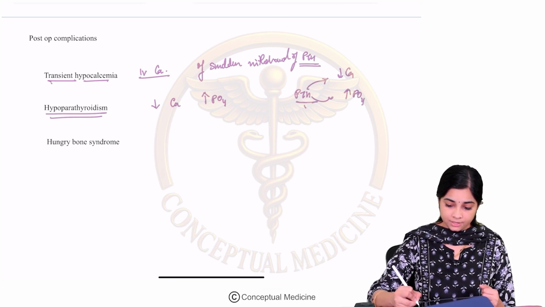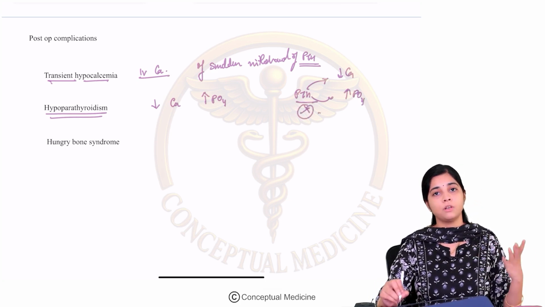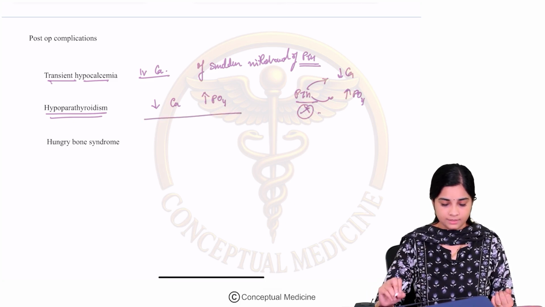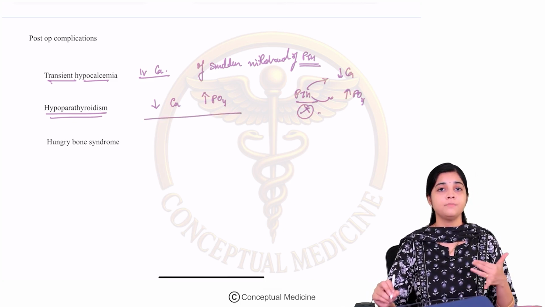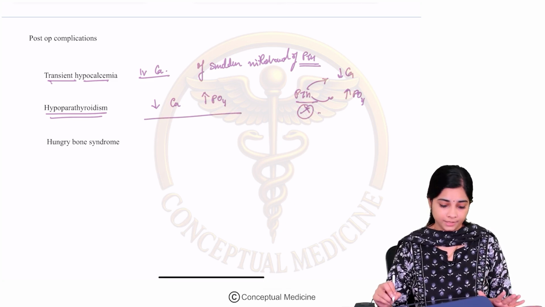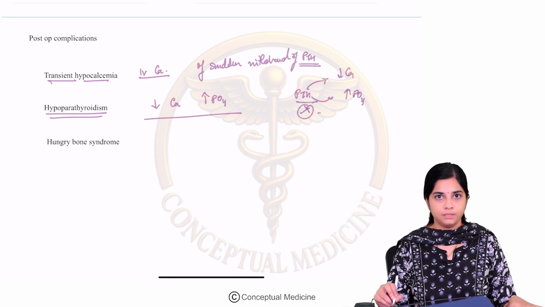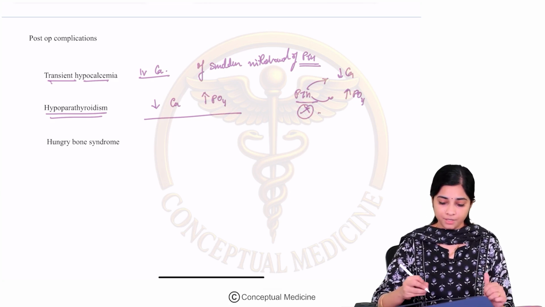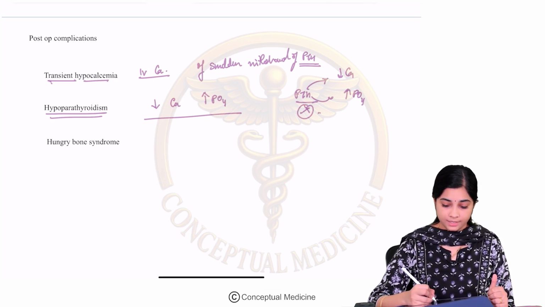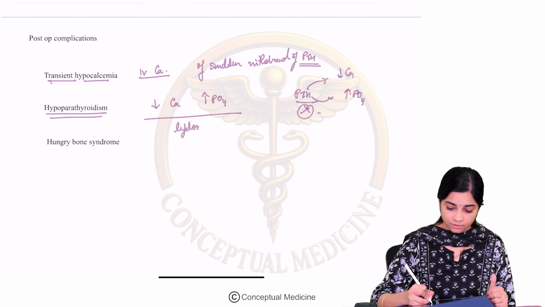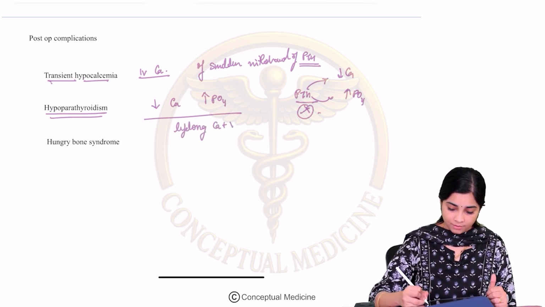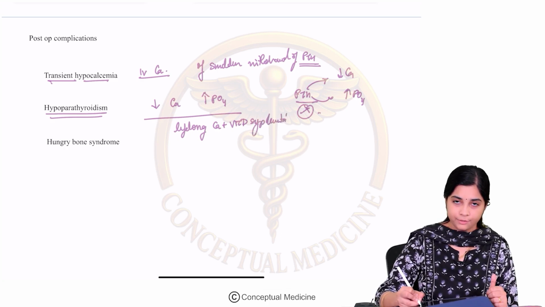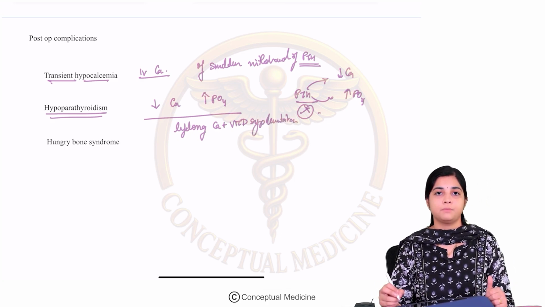So if all the parathyroid gland is removed, the calcium decreases and the phosphate increases. In these patients it is not transient, it may be permanent, so they may have to be on lifelong calcium plus vitamin D supplementation.